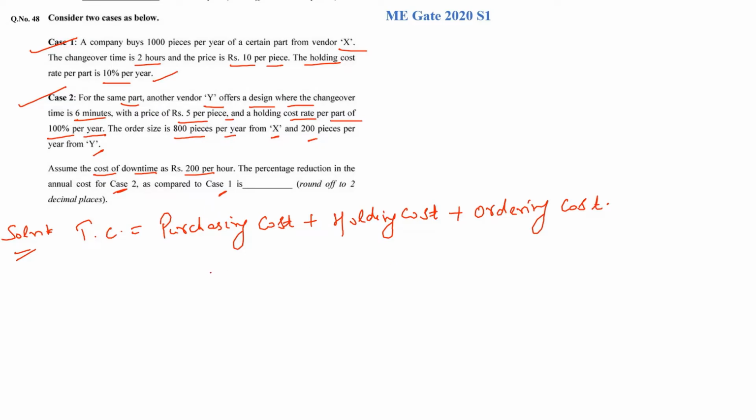The purchasing cost is cost per piece into the annual usage, or D into C, plus holding cost, average inventory into CH, which is per unit per year, plus the ordering cost, which is D by Q into C naught.